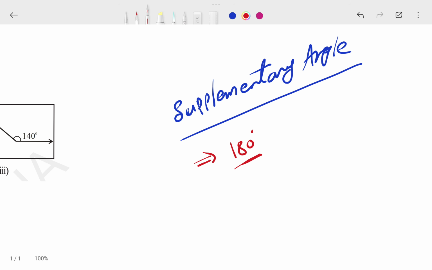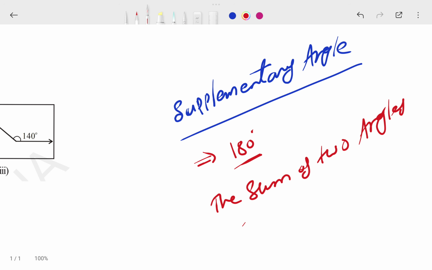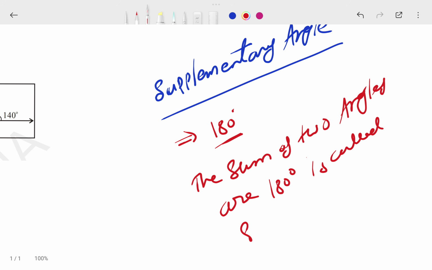Otherwise you can write it as: when the sum of two angles is 180 degrees, it is called a supplementary angle. Is it clear to you or not?